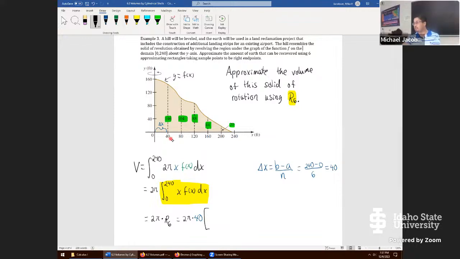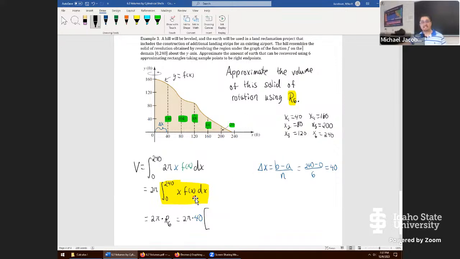It might not hurt to write those out. x1 is 40. x2 is 80. x3 is 120. x4 is 160. x5 is now 200. And the last one, x6, is 240. And my penmanship kind of went bad there. Let me fix some of those. So those are all the values we're going to put in.